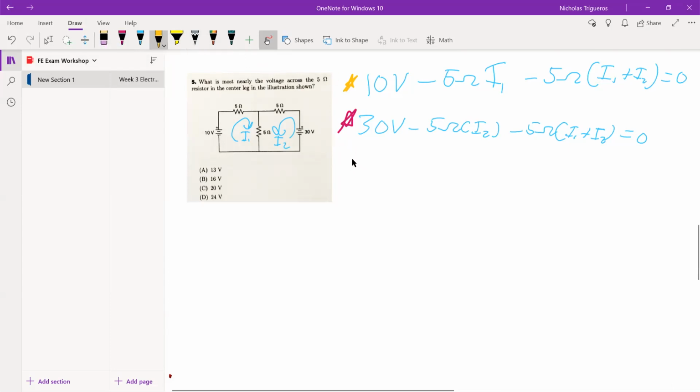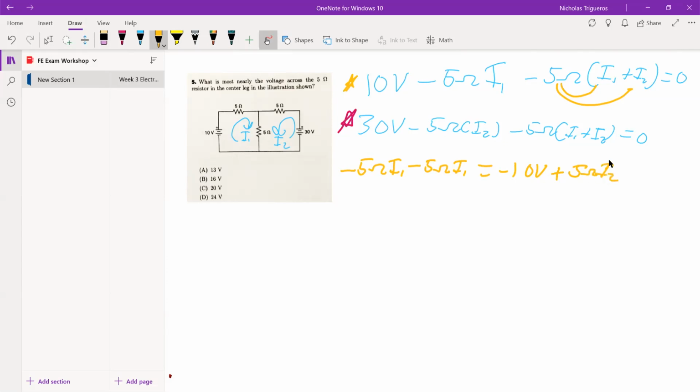Let's solve for I1 on the top. We're going to have minus 5 ohm I1 minus 5 ohm I1 as well. This gets distributed in, and we move everything else to the other side. So minus 10 volts plus 5 ohms times I2.